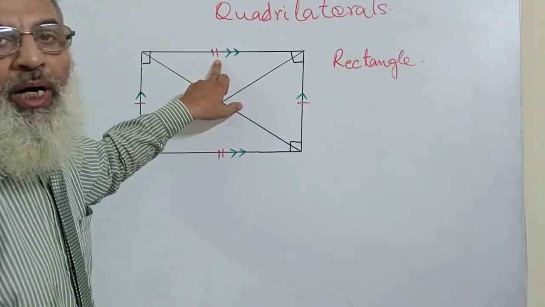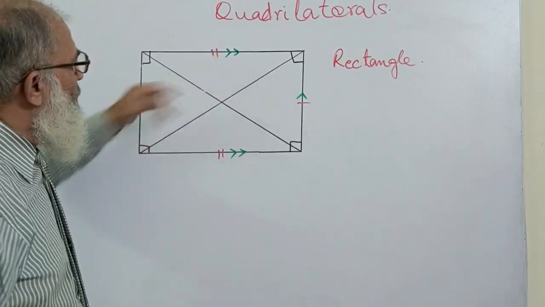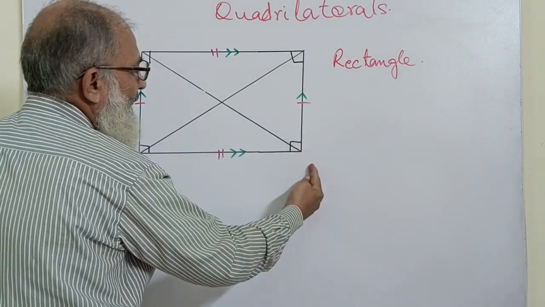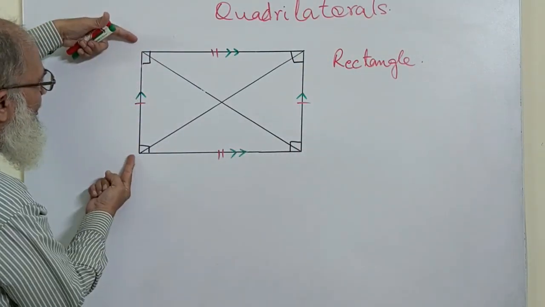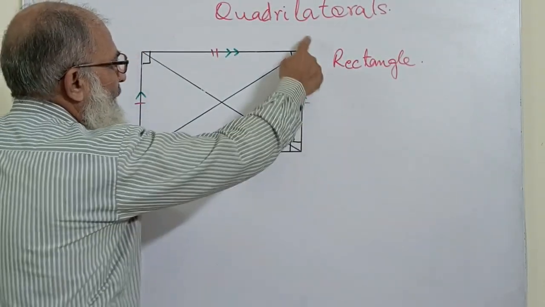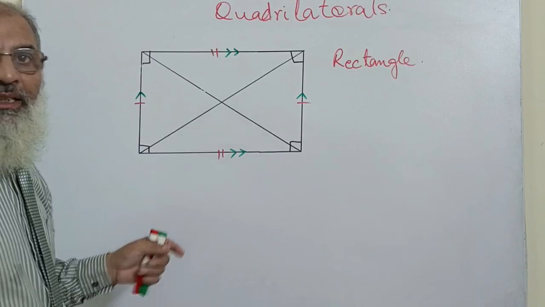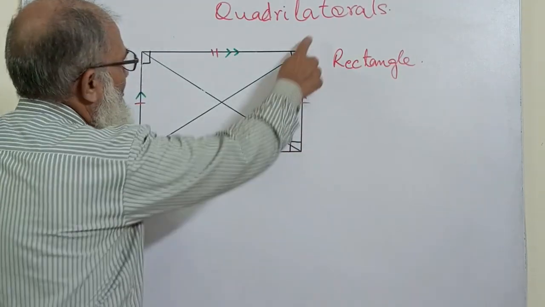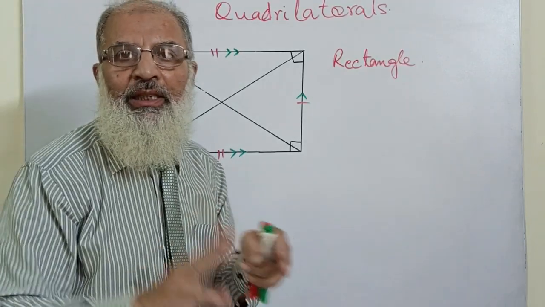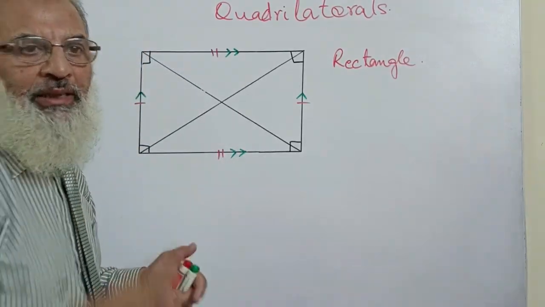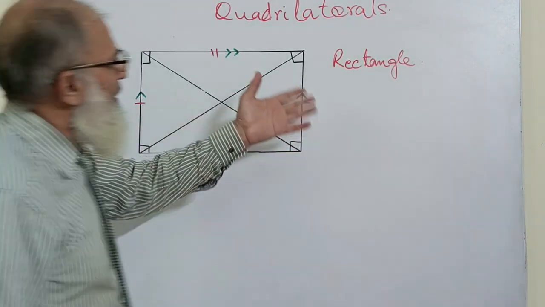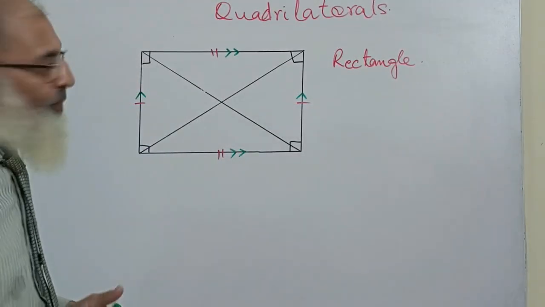Now the two are the same over here. Number one, this side is parallel and equal to this side. This side is parallel and equal to this side. Now this diagonal is bisecting this diagonal. All three properties are satisfying the rectangle too.